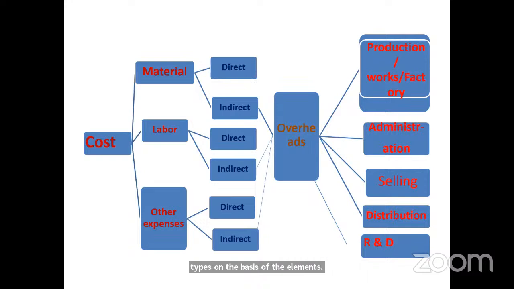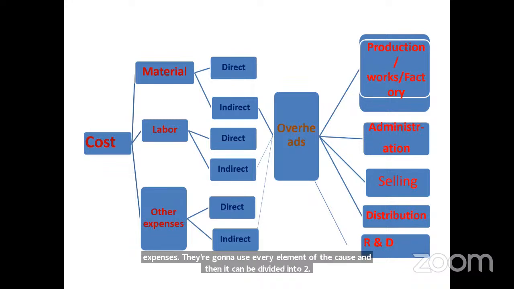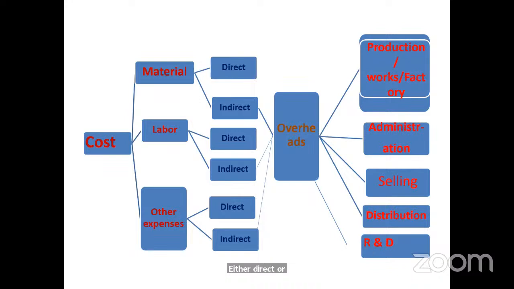Again, each and every element of the cost can be divided into two: either direct or indirect. Direct material, indirect material, direct labor, indirect labor, direct expenses, and indirect expenses. Please remember, the summation of all indirect components, that means indirect material, indirect labor, and indirect expenses, is known as overhead.